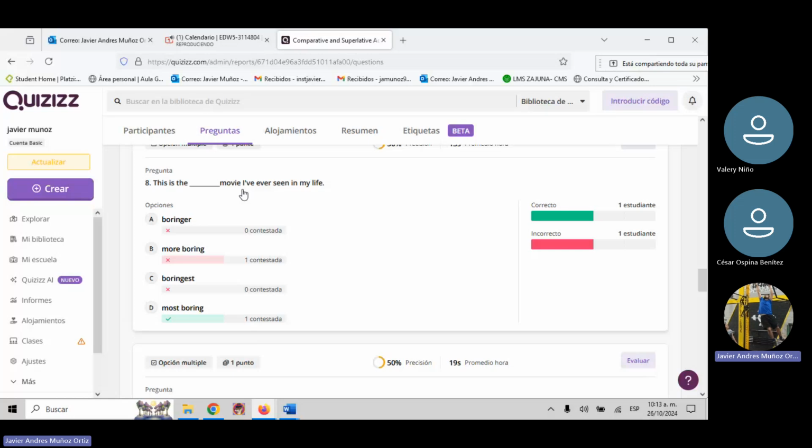Therefore, you have seen many boring movies in your life, I'm pretty sure. But the movie you saw yesterday defeats all the others. Therefore, we are using a superlative because you're comparing this particular movie with all the boring movies you have seen before. You're comparing one against many. That makes us choose a superlative form.